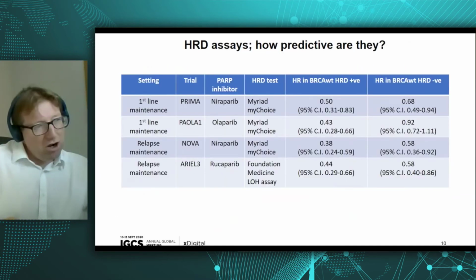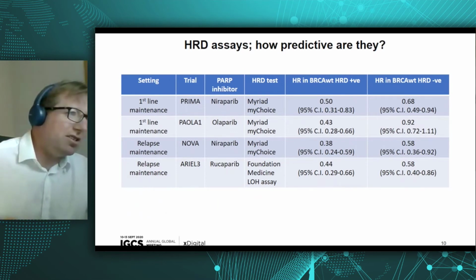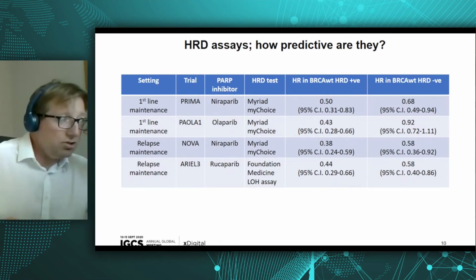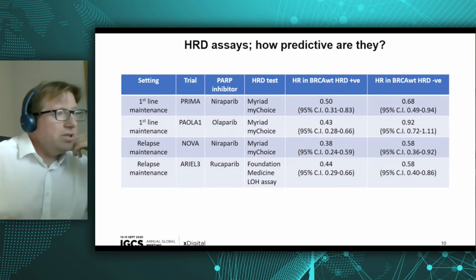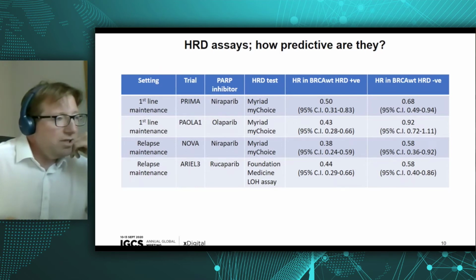If we think about how predictive these HRD assays are, and I've listed here a couple of the first-line studies, PRIMA and PAOLA-1, and a couple of the relapse studies, NOVA and ARIEL-3. And these studies use as their predictors either Myriad MyChoice or the Foundation Medicine LOH assay.